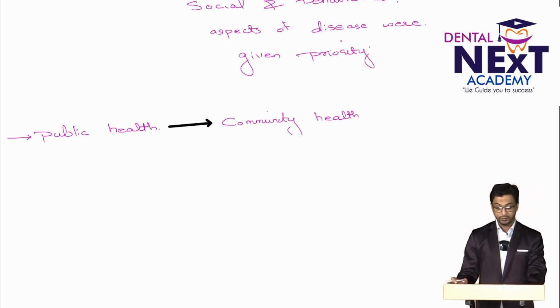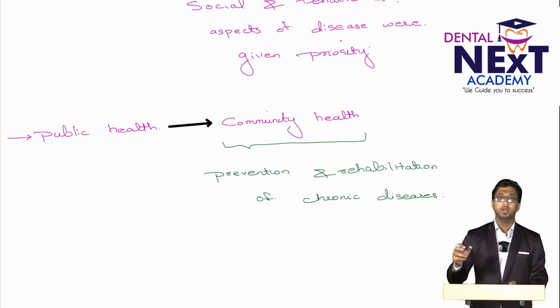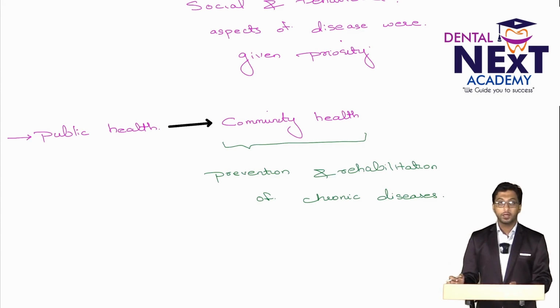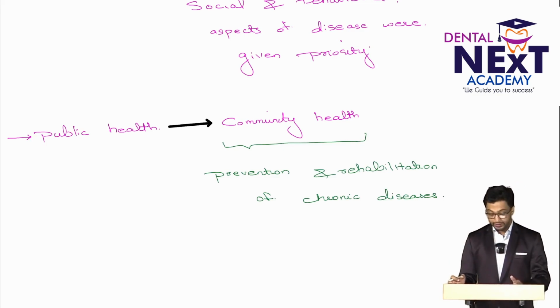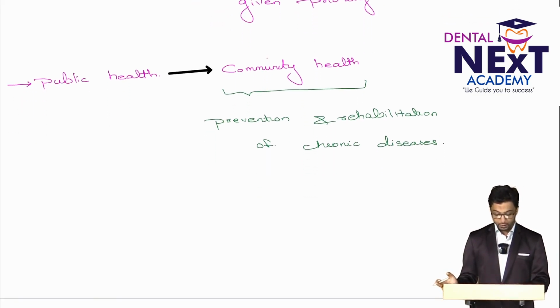The prevention and rehabilitation of chronic diseases was given priority. Public health emerged into community health, and they said prevention of chronic diseases and rehabilitation of those persons who are affected by chronic diseases was given the priority.